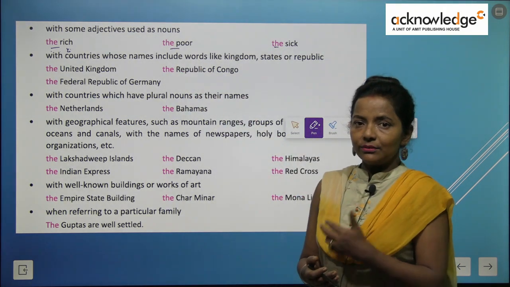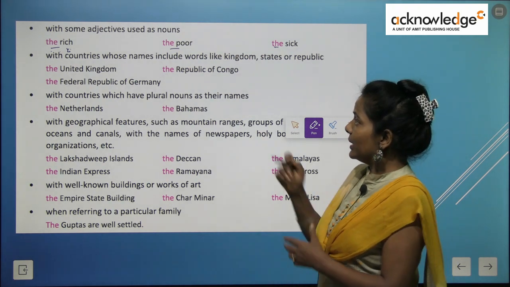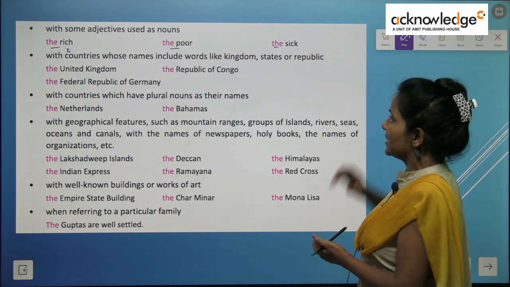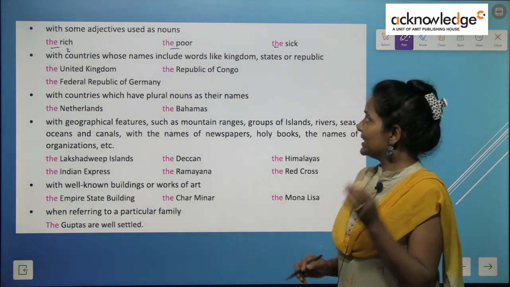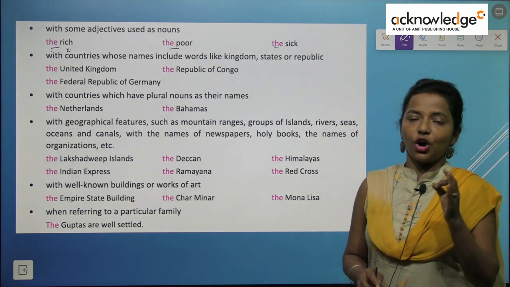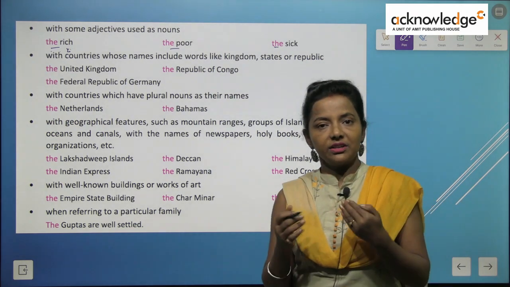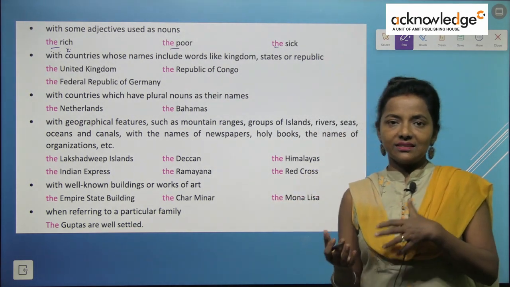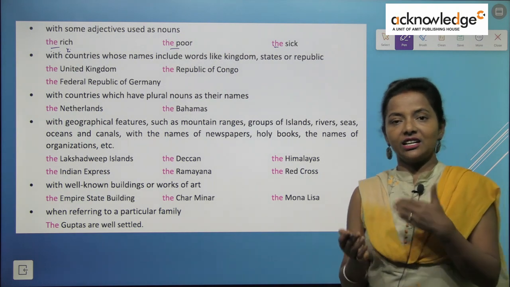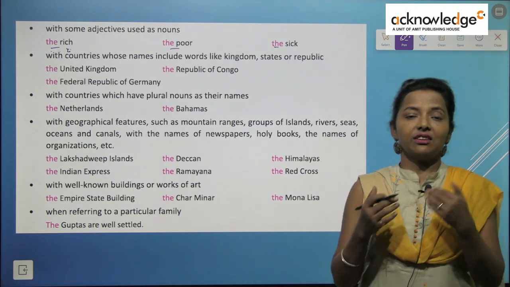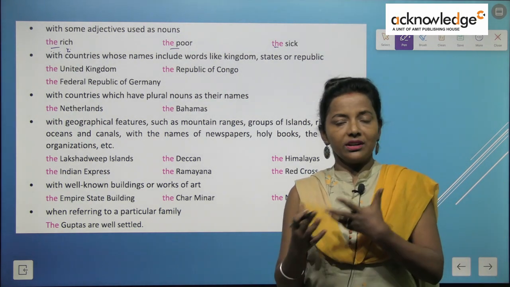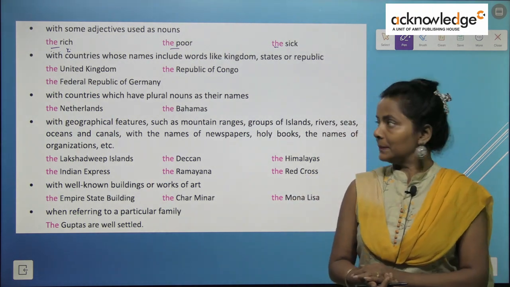Now where else can we use the? With countries whose names include words like kingdom, states and republic. We can use the with the names of countries which have kingdom, states or republic attached. With those countries' names we write the.